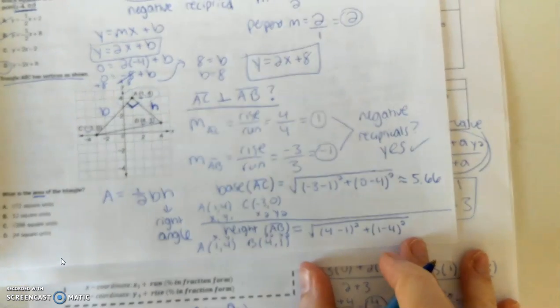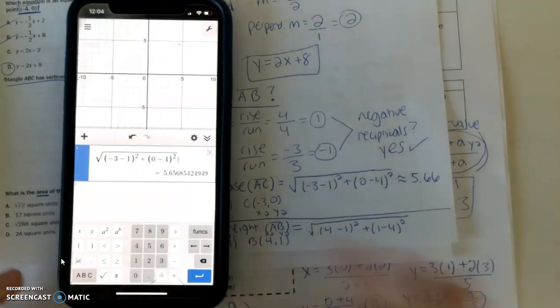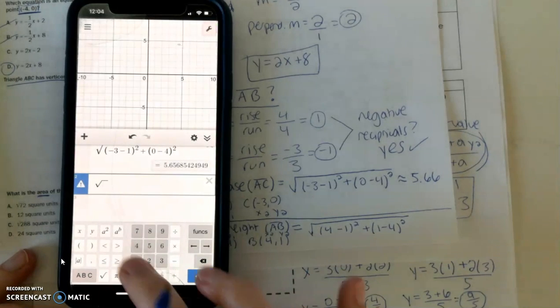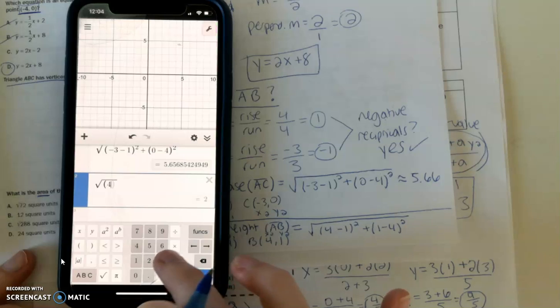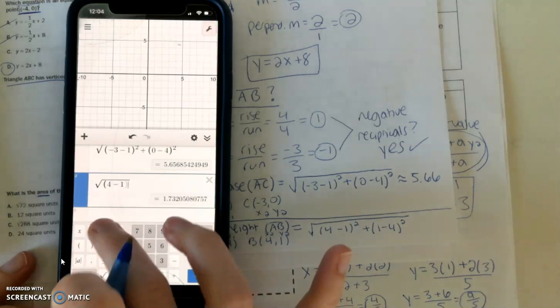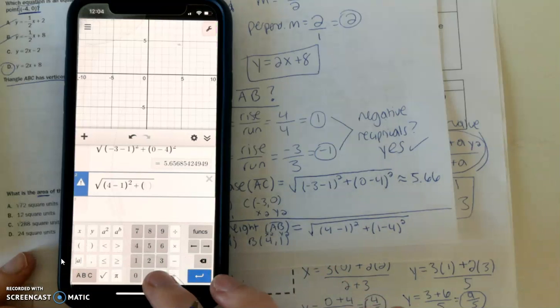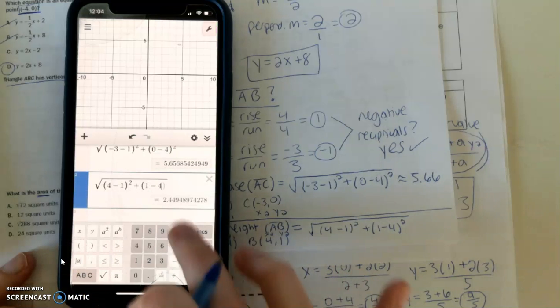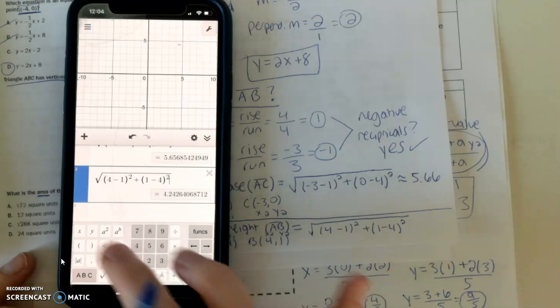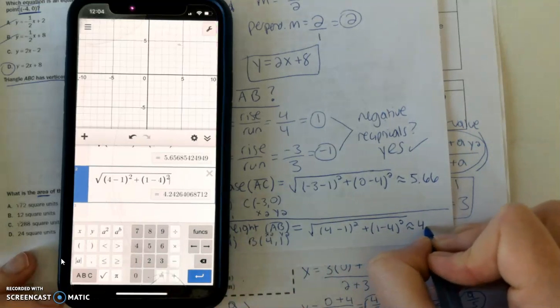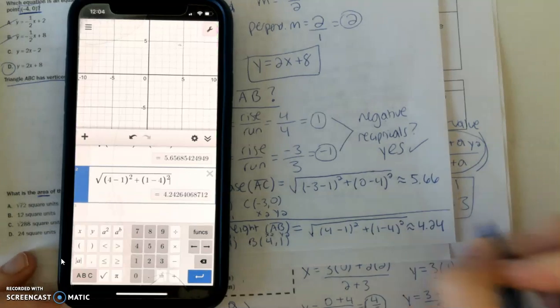Let's go ahead and also put this into Desmos. Square root of parentheses 4 minus 1 squared plus 1 minus 4 squared. And I end up getting approximately 4.24.